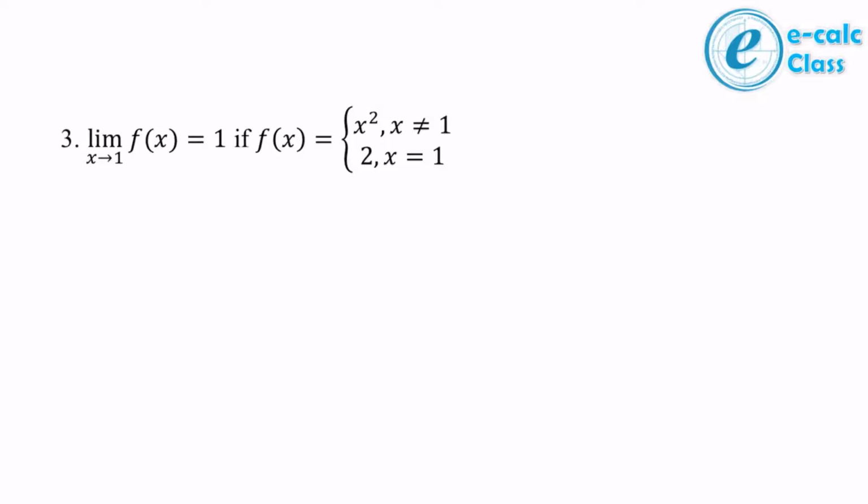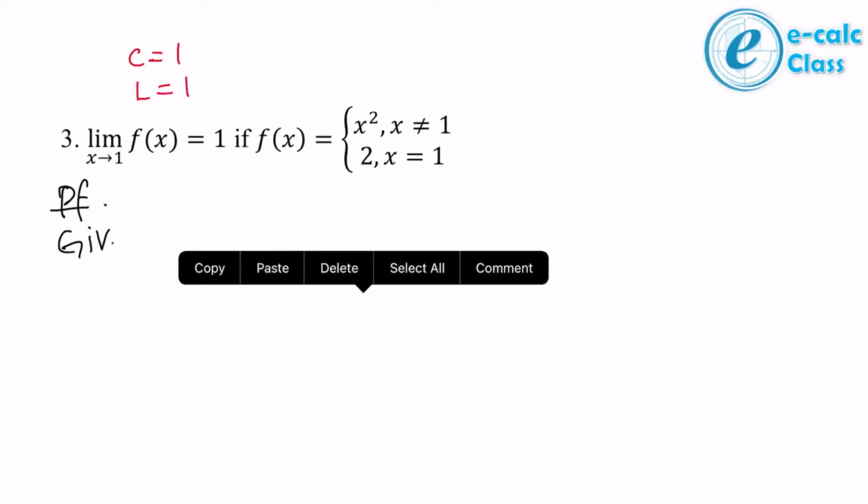Oh, okay, very interesting. First of all, who is your C? 1. Who is your L? 1. Then now, you have 2 fx. Which one should we choose? We'll deal with that later. We just go ahead and write down our template first.